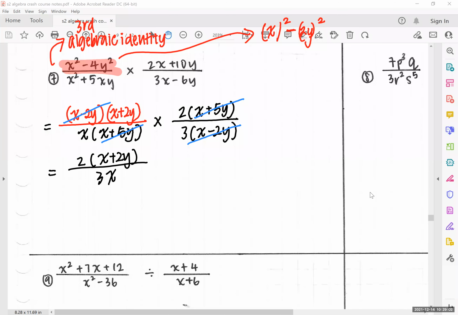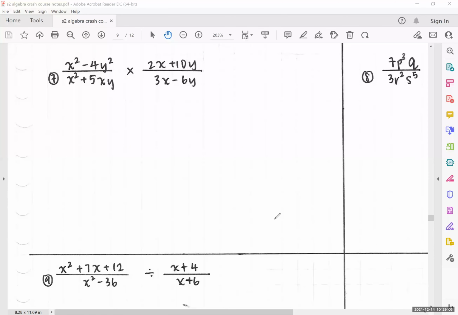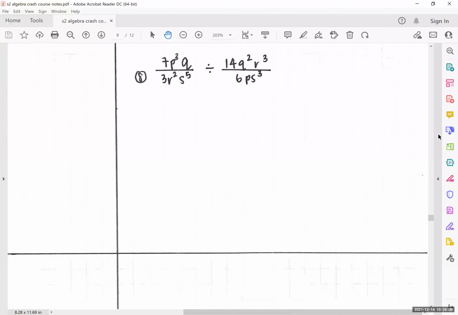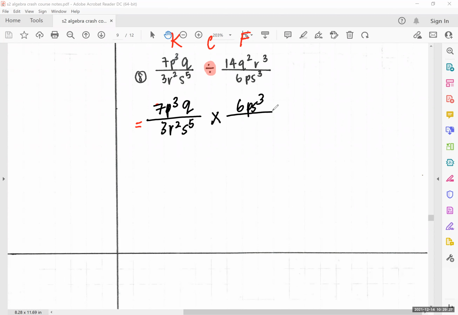So the next one we're going to do is question 8. Let's go. Question A is not very difficult because take a highlighter and highlight this divide. So what do we do? KFC: keep, change, flip. So it's equal to keep, copy the same thing over, copy the same thing, change to times, flip 6 over 14q squared.